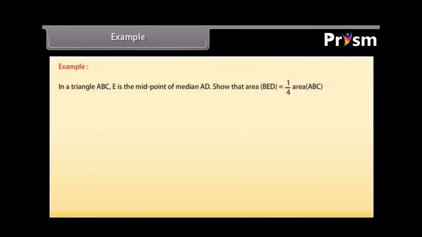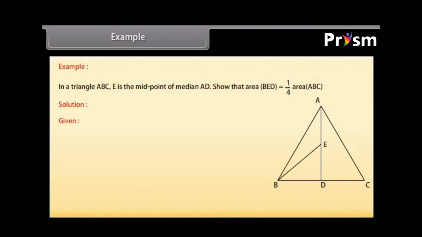Example. In a triangle ABC, E is the midpoint of median AD. Show that area BED is equal to 1 upon 4 area of triangle ABC. Solution. Given that AD is the median of triangle ABC, therefore, it will divide triangle ABC into two triangles of equal areas.